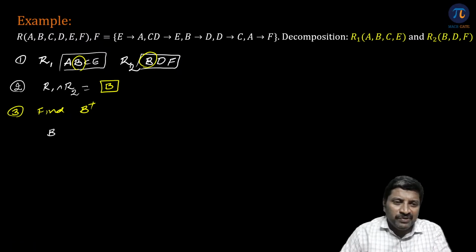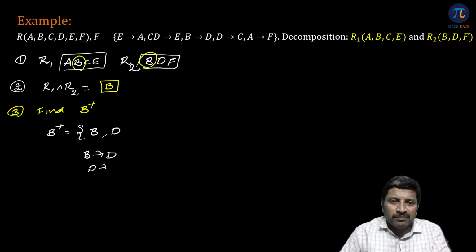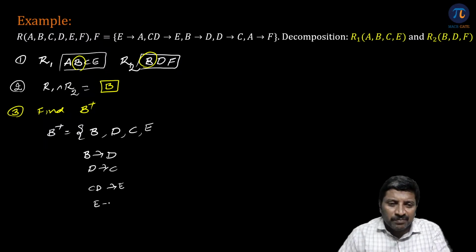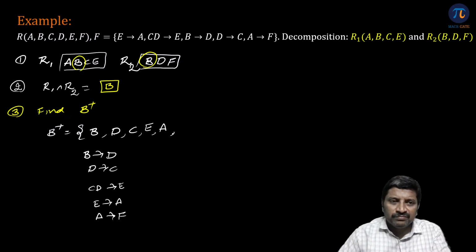What is the closure of B in this example? B implies B, fine, sir. I think B will imply D. Yes. D will imply C. Then CD implies C. Yeah. Then E implies A. Then A implies F. I think we got all attributes.